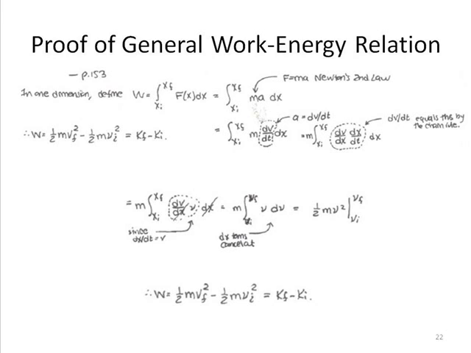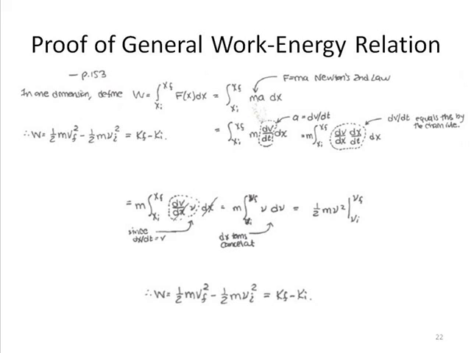So after a bunch of complicated algebra, we have the end result. The work is equal to the mass times the integral of v dv. That becomes a simple integral, which has a solution 1/2 mv squared, evaluated between the limits of integration vi and vf.